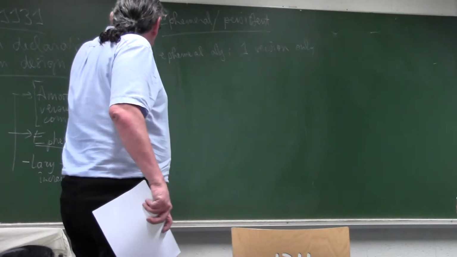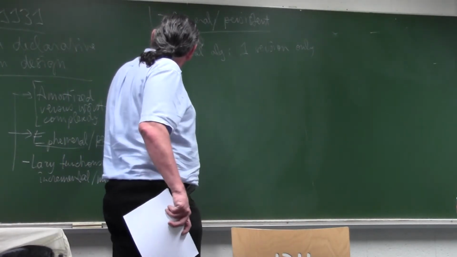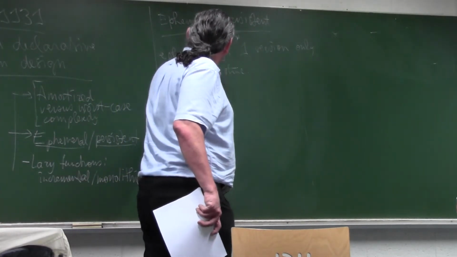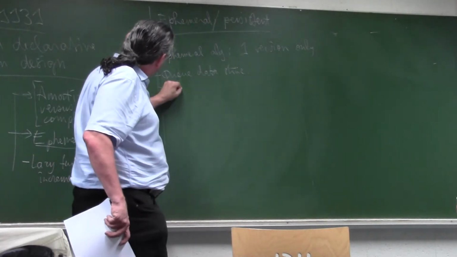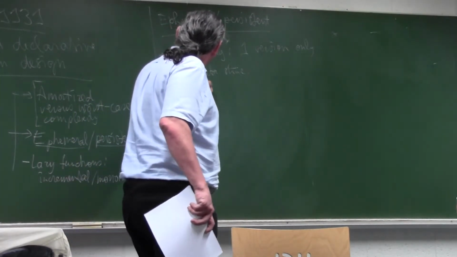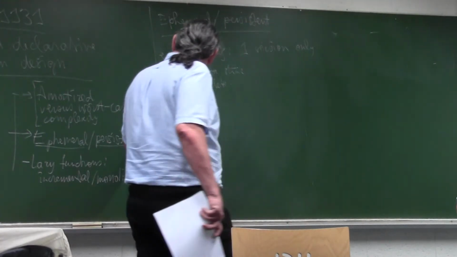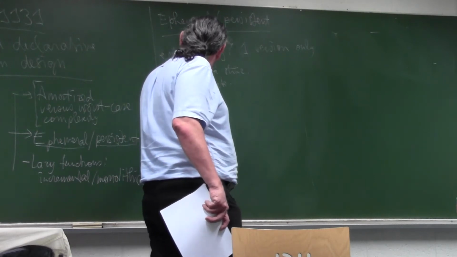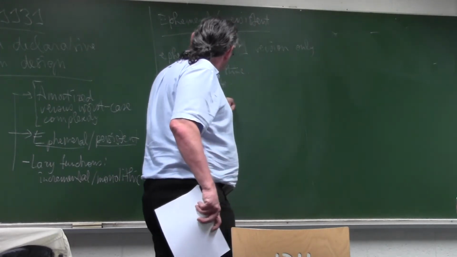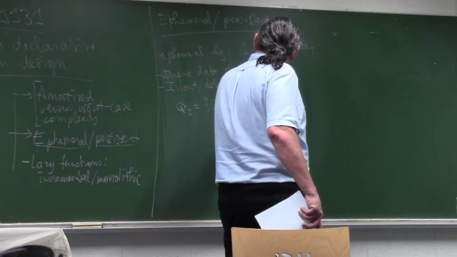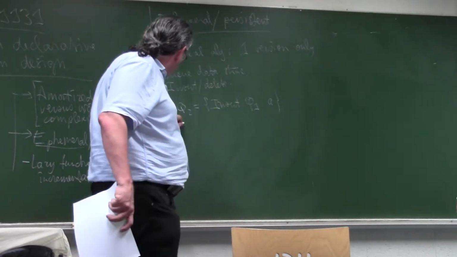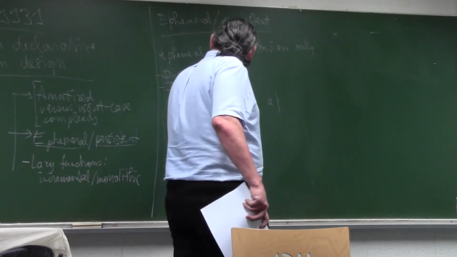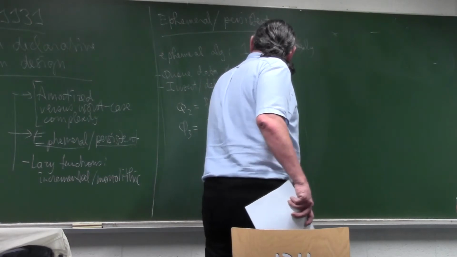Let's say you have, for example, a queue data structure, and you have insert and delete operations. For example, Q2 is equal to insert Q1, where I put something in the queue, and then Q3 is insert Q2, where I put something else in the queue.